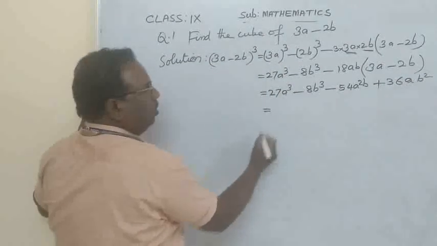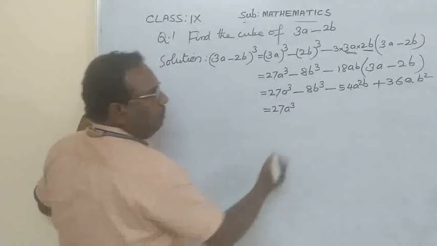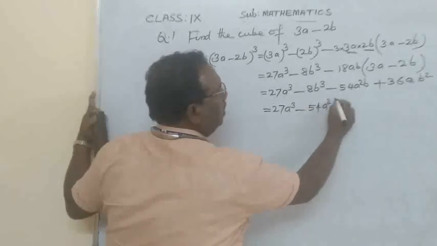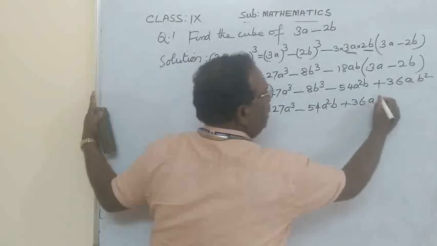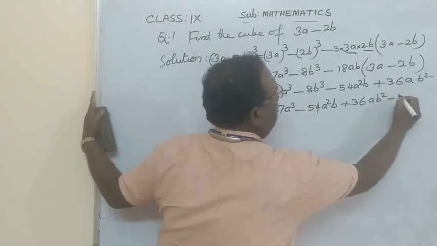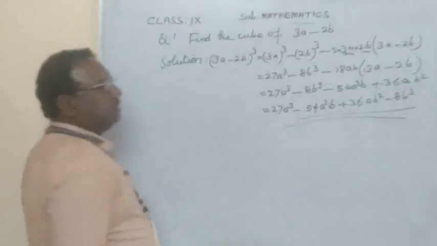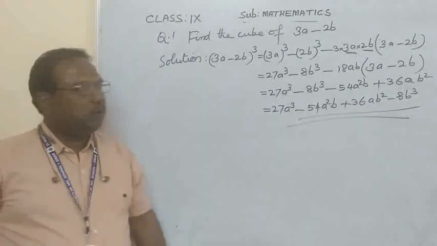Again this is equal to 27a cube minus 54 a square b plus 36 a b square minus 8b cube, which is the required result. Please look at the board how this question is solved.